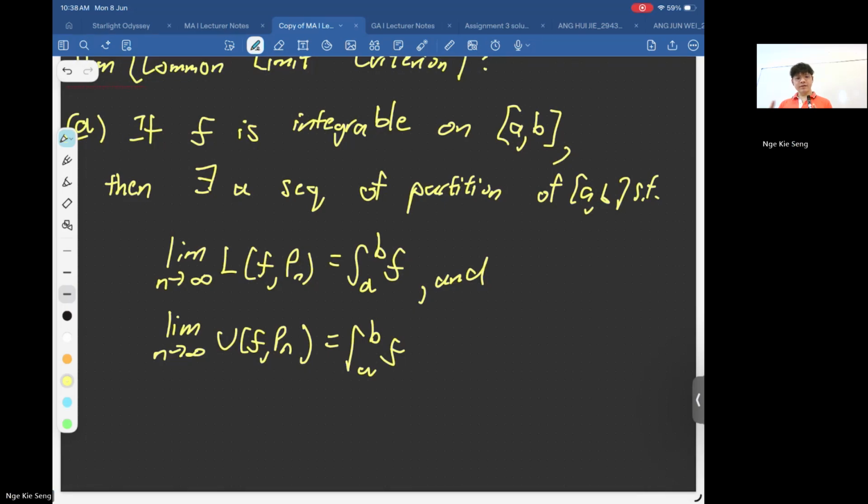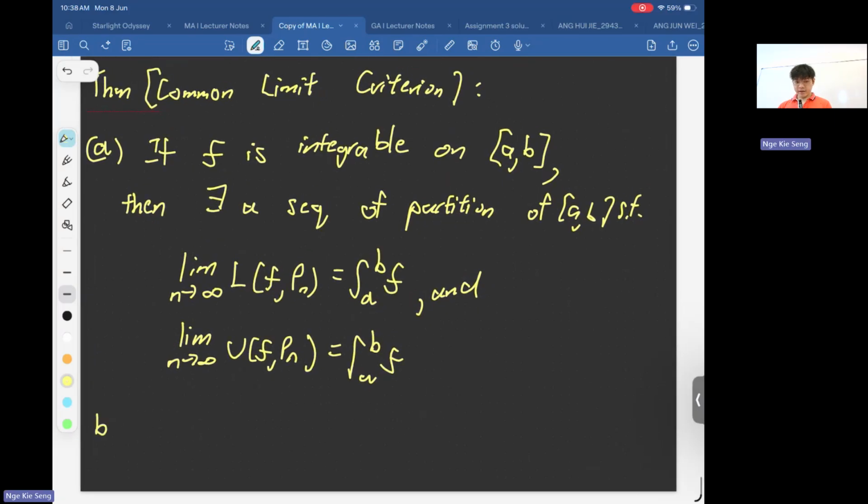And how about the converse? The converse is very strong.